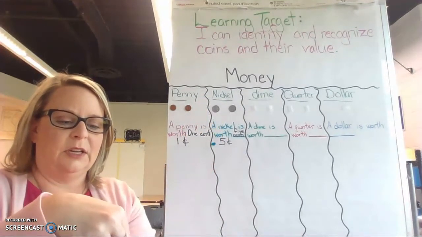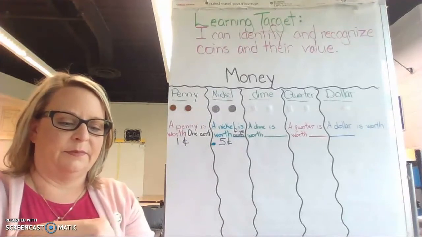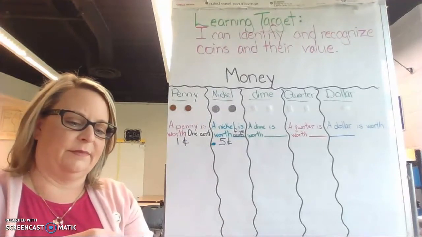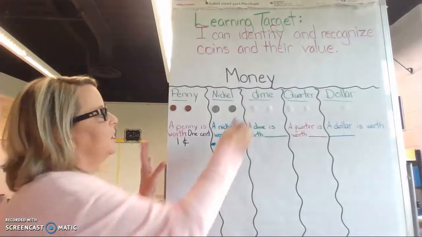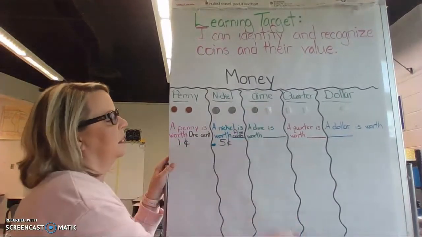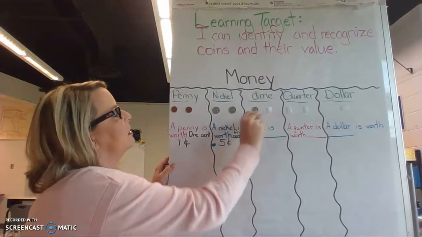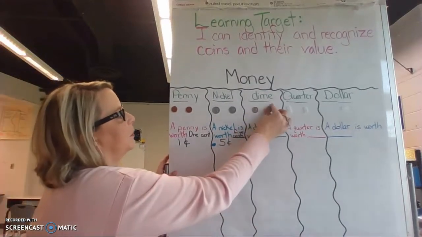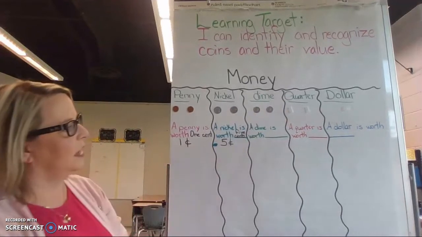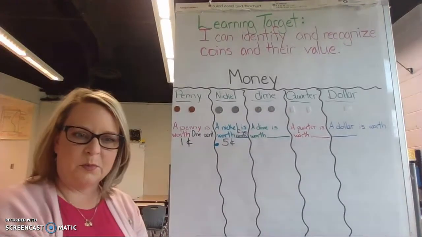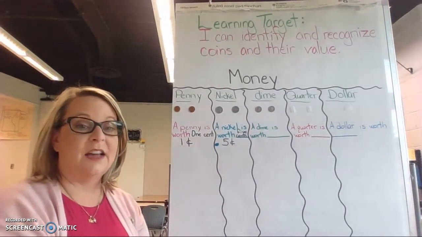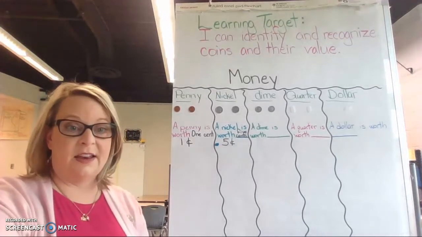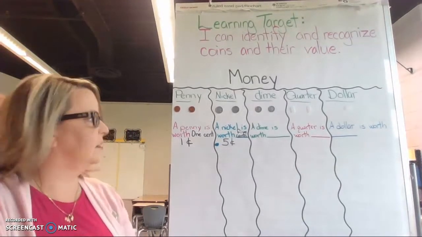I want you to be looking at that. Here's our head side and our tail side. How much money is a dime worth? A dime is worth 10 cents.